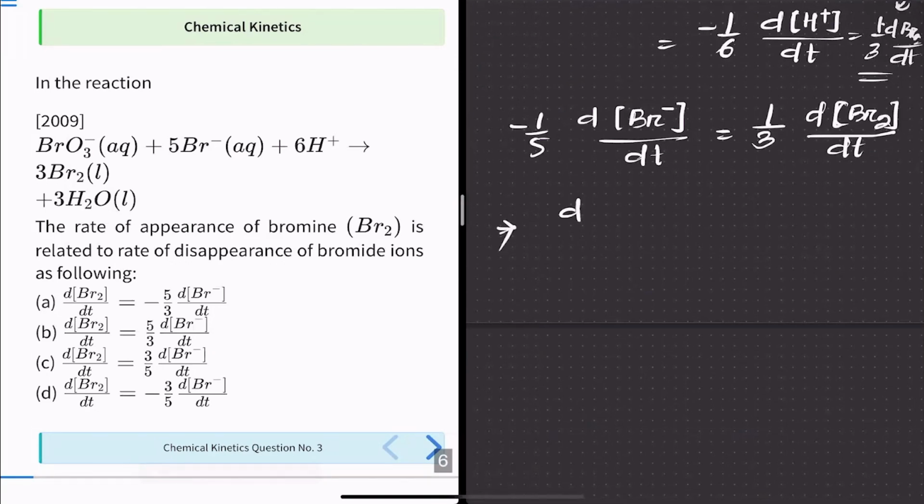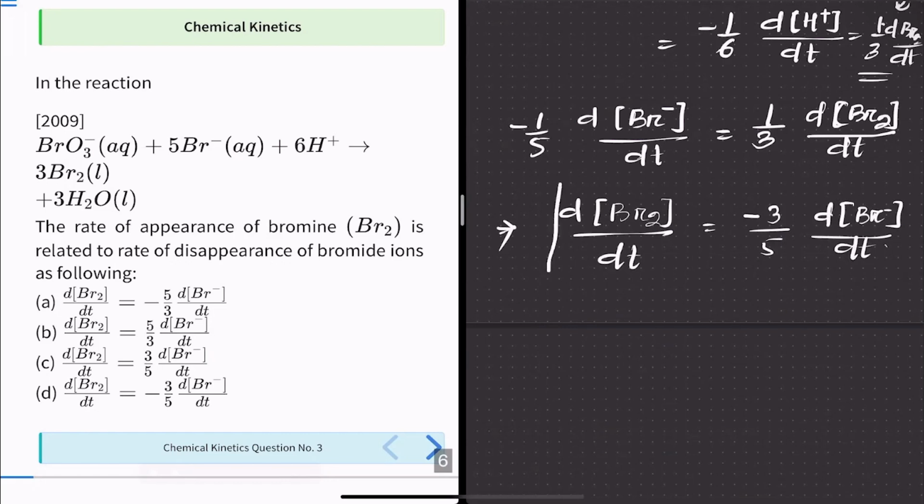If we solve this, d[Br2] by dt would be equal to minus 3 by 5 d[Br minus] by dt. So it will be the final form. So the relation between bromine and bromide ion would be option D. So option D is correct.